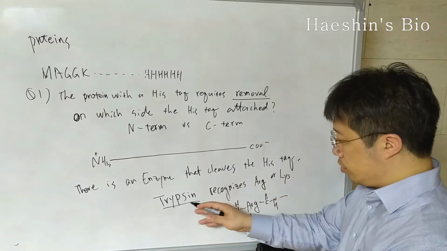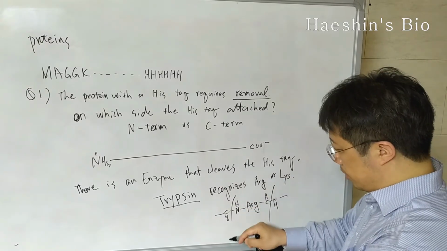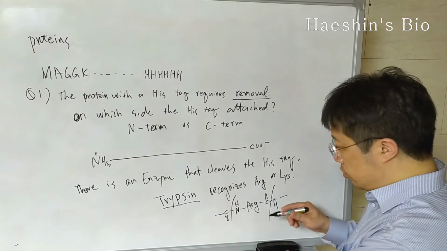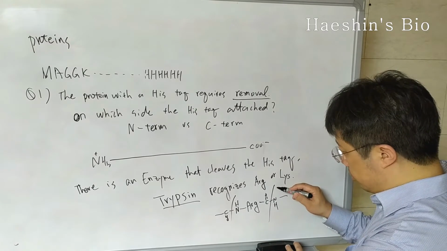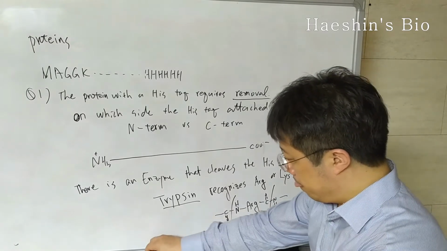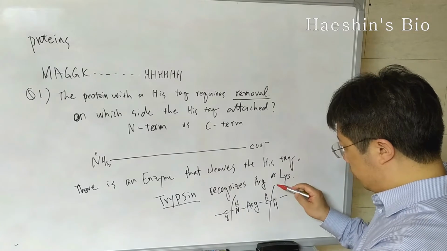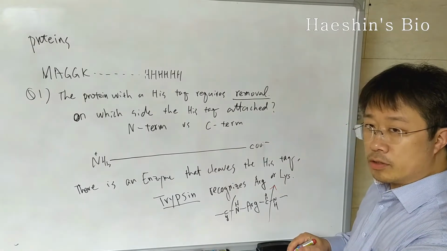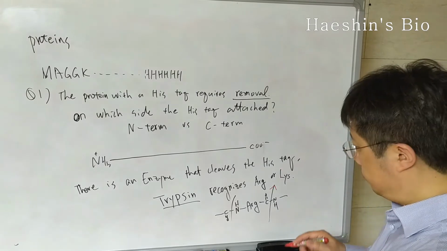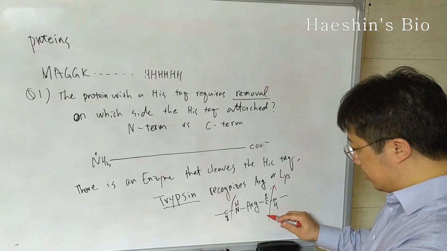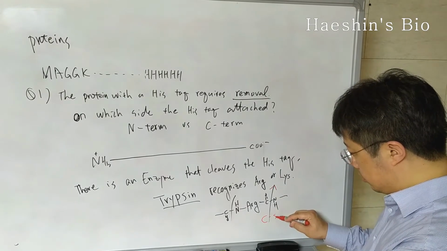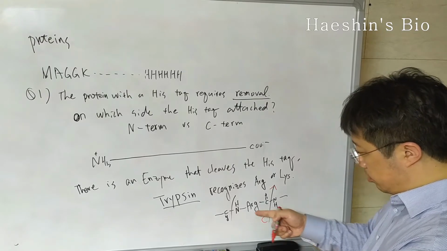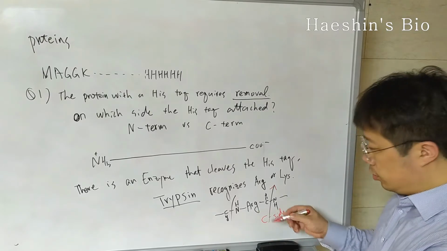So anyway, the trypsin could cleave either this way or that way. In fact, when you do the experiment, you cleave here, on the C side of the arginine.